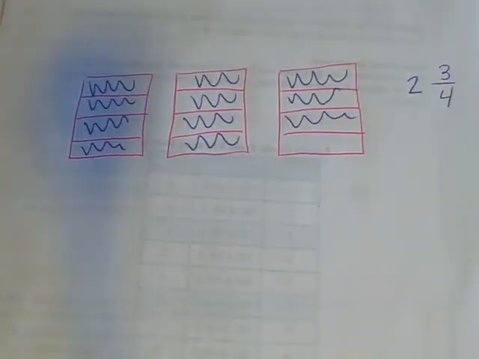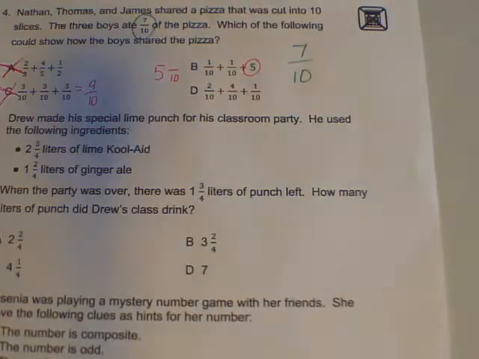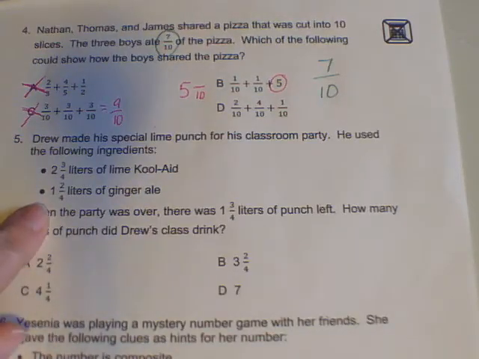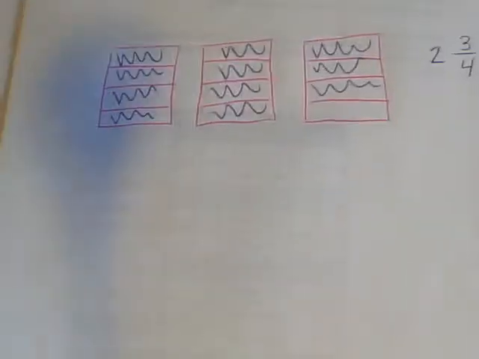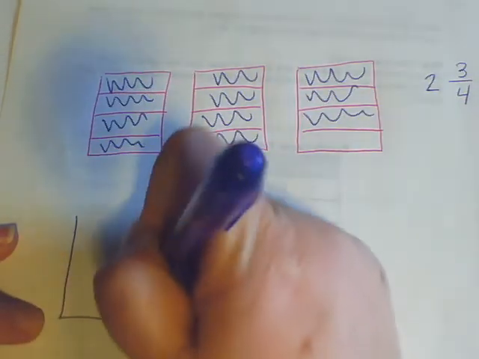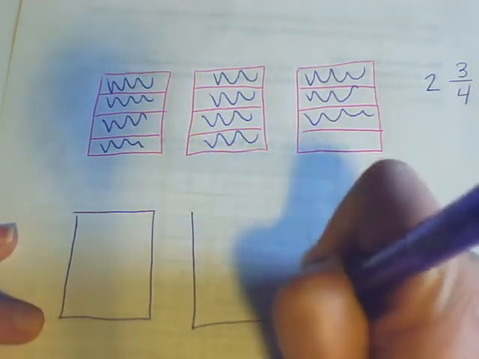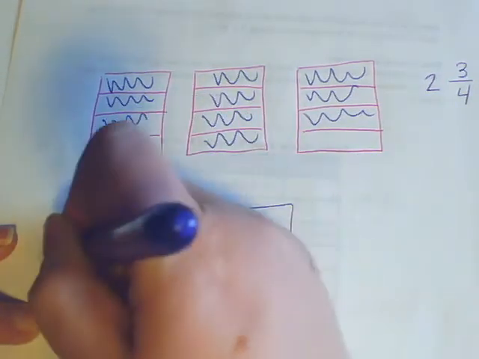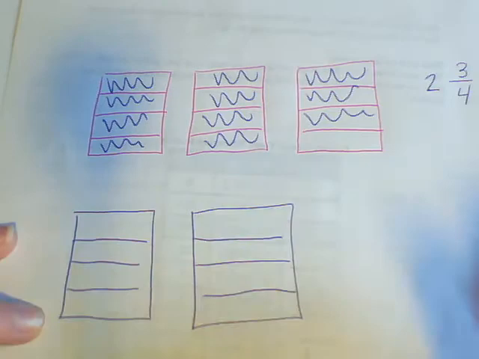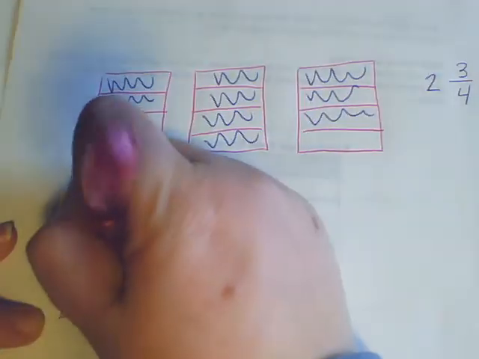Okay? Let's keep reading the rest of the problem. And he used 1 2/4 liters of ginger ale. So now I have to draw 1 2/4 liters of ginger ale. Okay, so here's my whole 1.